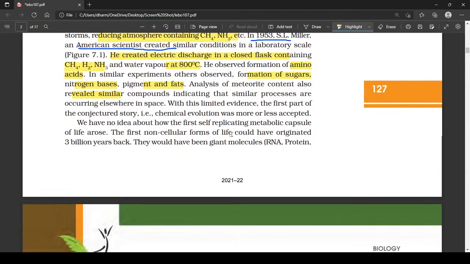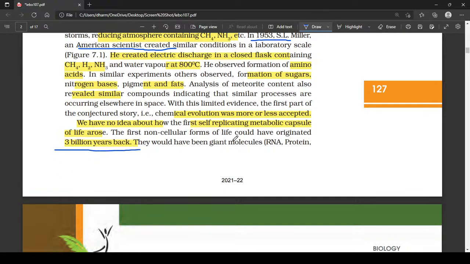With this limited evidence, the first part of the conjured story, that means the chemical evolution, was more or less accepted. We have no idea about how the first self-replicating metabolic capsules of life arose. The first non-cellular form of life could have originated about 3 billion years back.